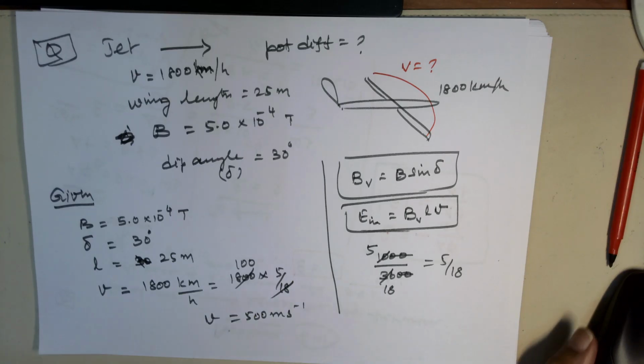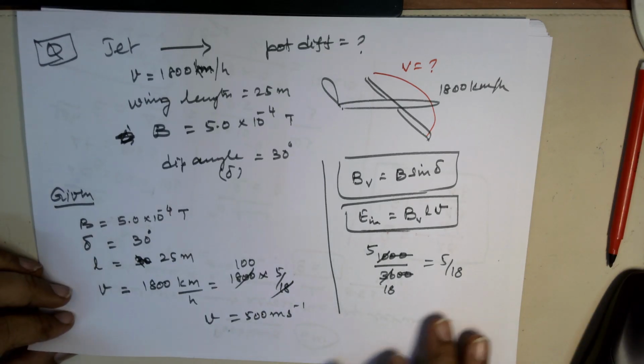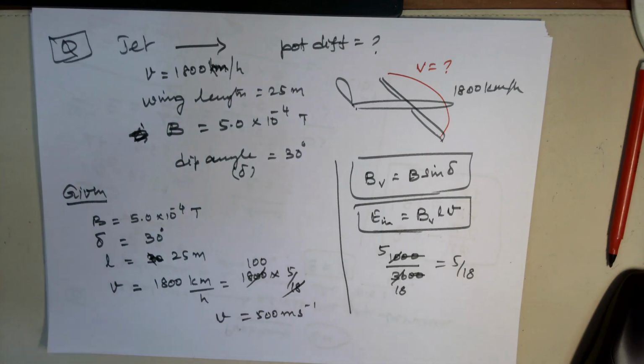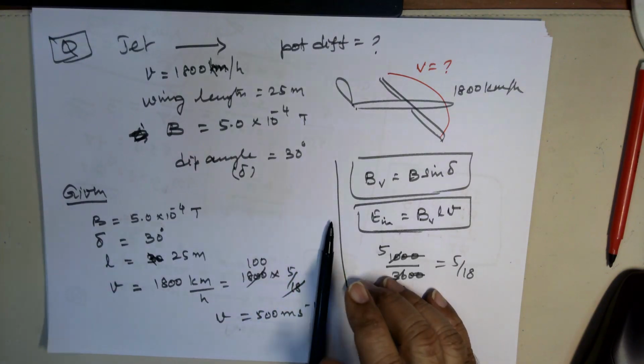Now let us proceed. The wings of the jet plane will cut the vertical component of the Earth's magnetic field, because the magnetic field at that location is B, but the plane is flying like this.